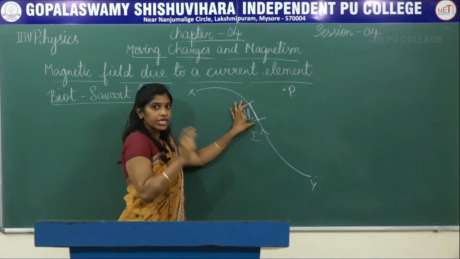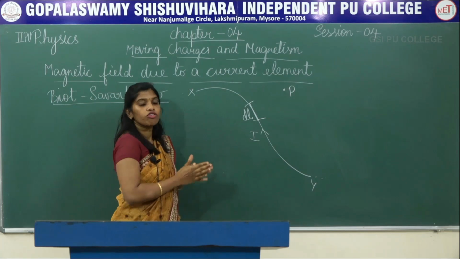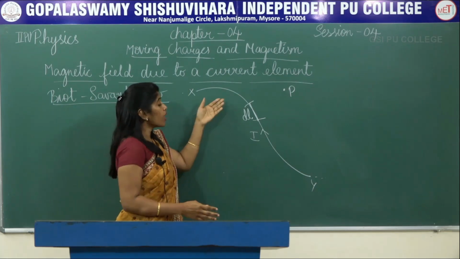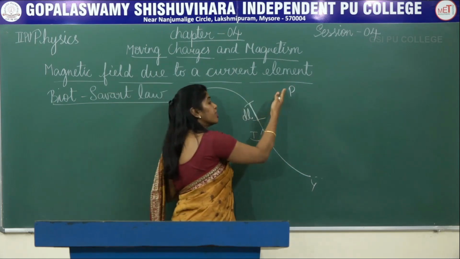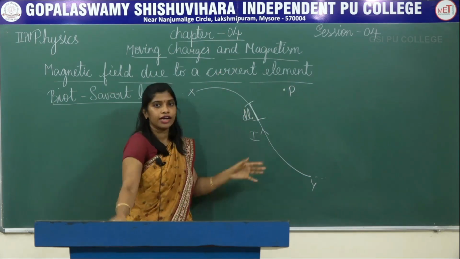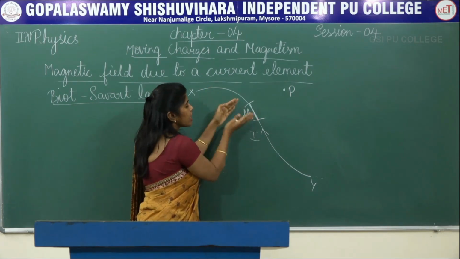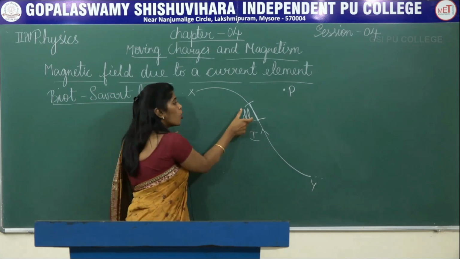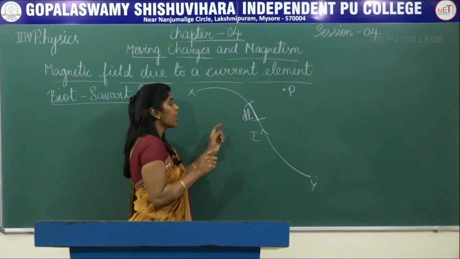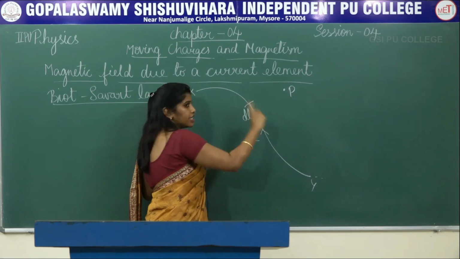I am considering dl because this conductor is of infinite length, so I cannot find the magnetic field at this point for the whole conductor. It is difficult for me. So I am just taking a small piece, a small element of this conductor, and naming it dl. This element is taken as length dl.